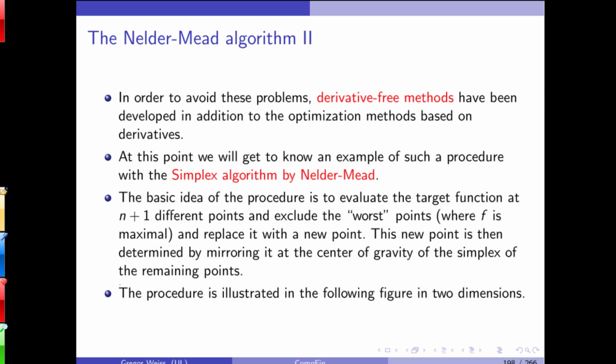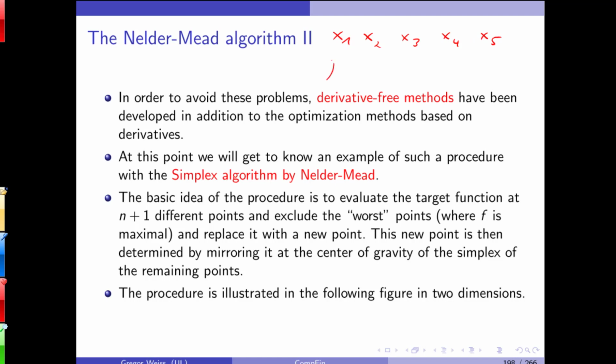And one example for such a derivative-free method is the simplex algorithm by Nelder-Mead. The Nelder-Mead algorithm. This is a very simple one. This is a heuristic optimization algorithm, actually. The idea is very simple. The idea is you use a set of solutions, x1, x2, x3, say x5.